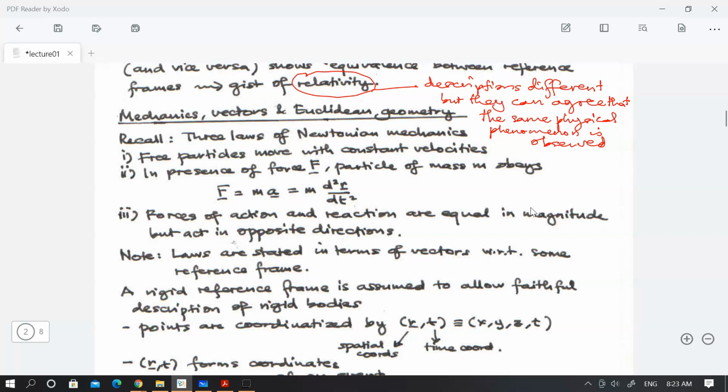And this is also an interesting thing because you can attach a frame on one, and the reacting body will also have another frame, and you can describe the physics that happens between them in what we say is a covariant way. So that means you can actually make a transformation from one frame to the other.